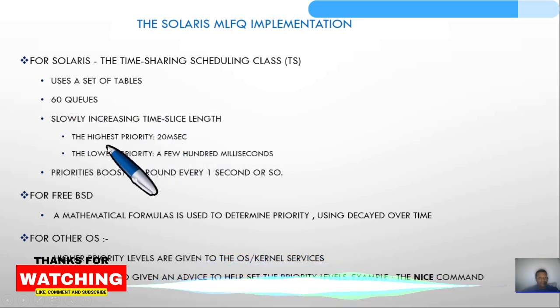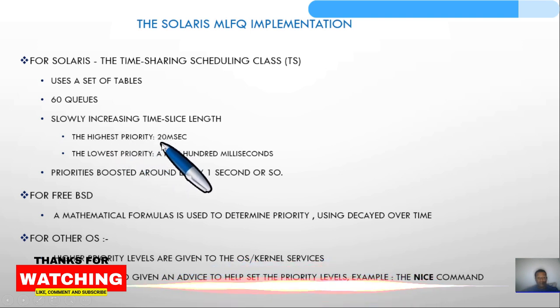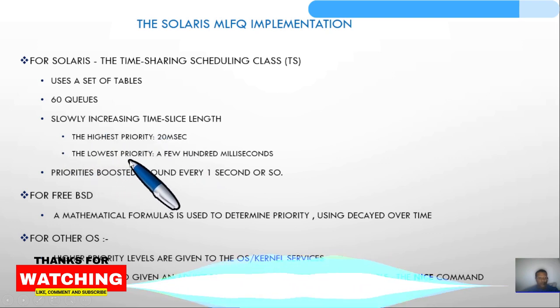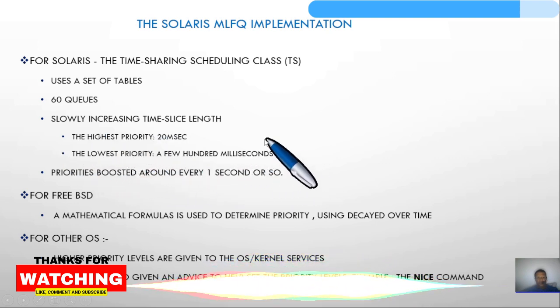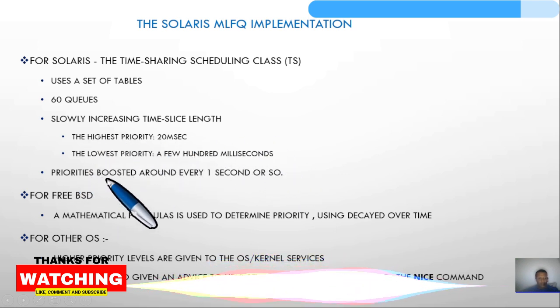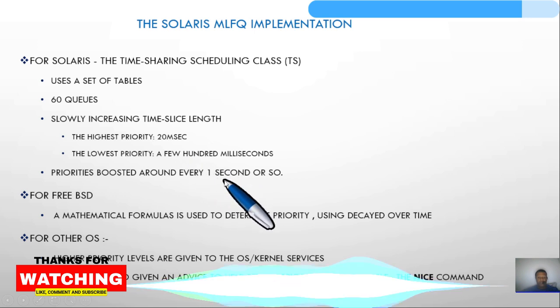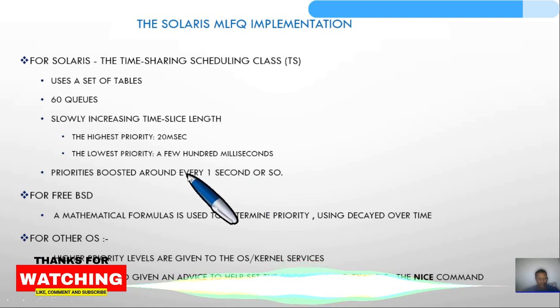That means the highest priority has 20 milliseconds, and for the lowest priority a few hundred milliseconds will be given, and priorities are boosted around every 1 second or so. So priority boost is very important. So all the processes in the higher queue or in the lower queue will get a chance.